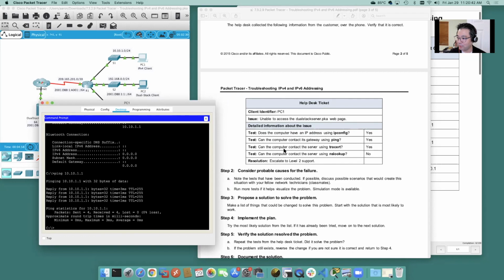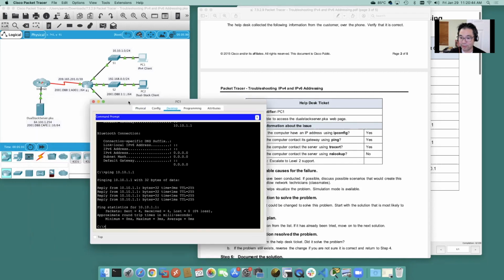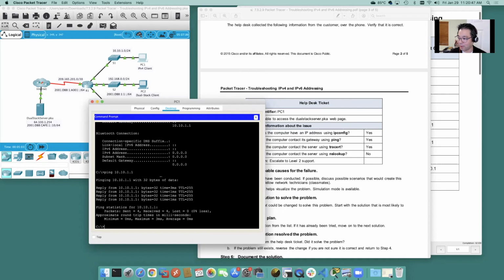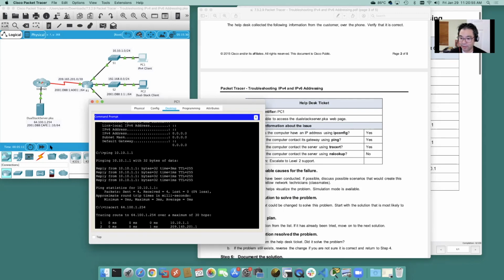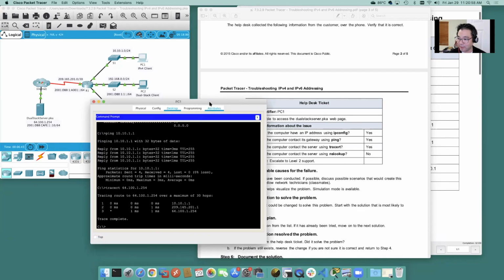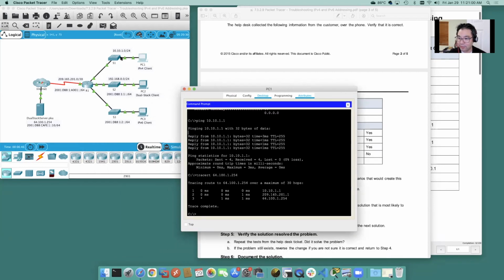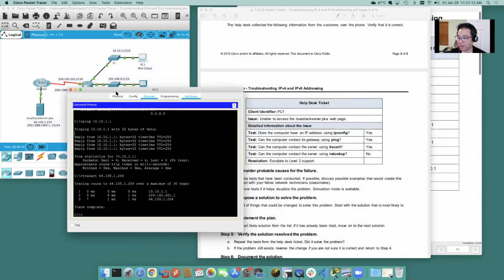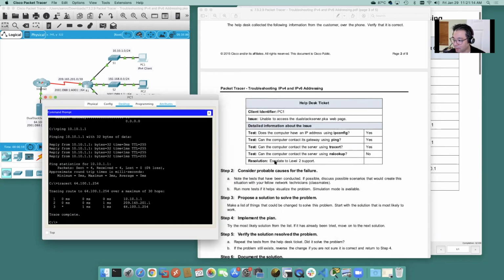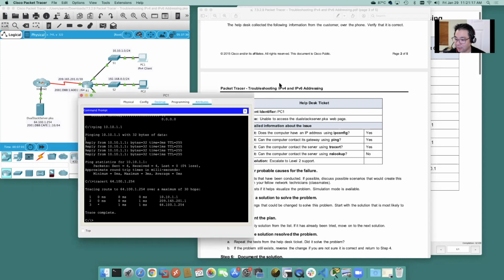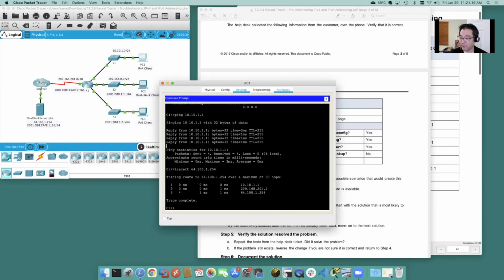Can the computer contact the server via traceroute? Speed up time. Okay, so it leaves the default gateway, hits the other side via IPv4 and hits the server, and then reports back on the return. So yes, we can reach it via IP.